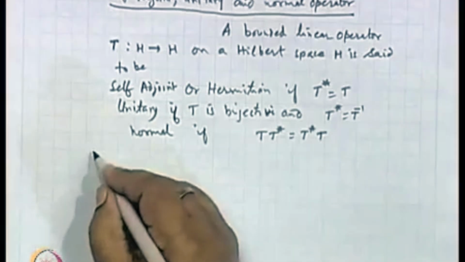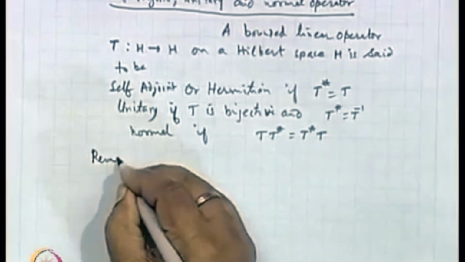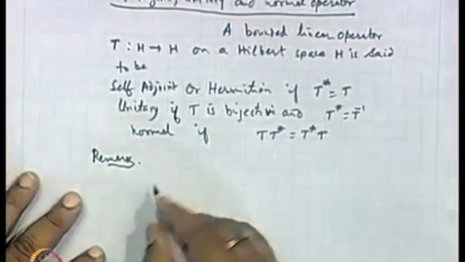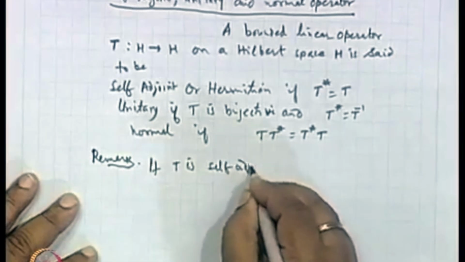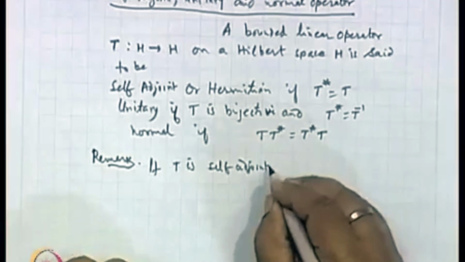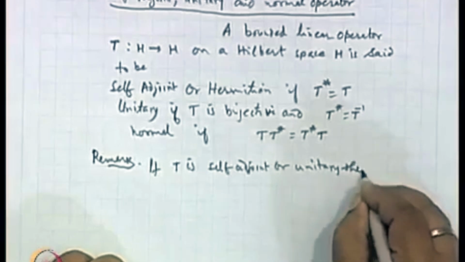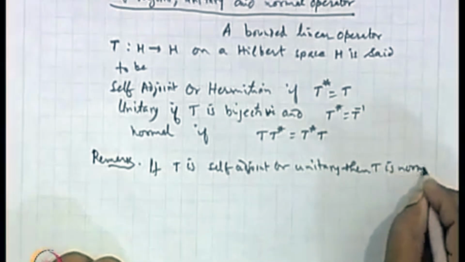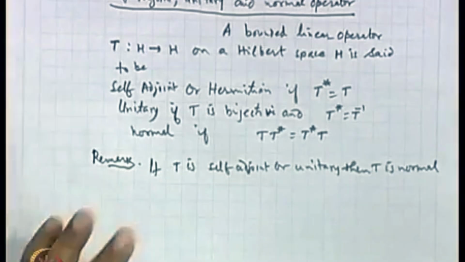Now this is a remark. If T is self-adjoint or unitary, then T is normal. Every self-adjoint operator is a normal operator, and every unitary operator is a normal operator. Why? What is the definition of normal?